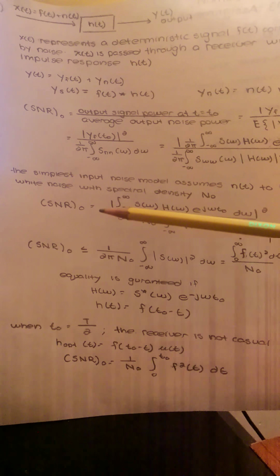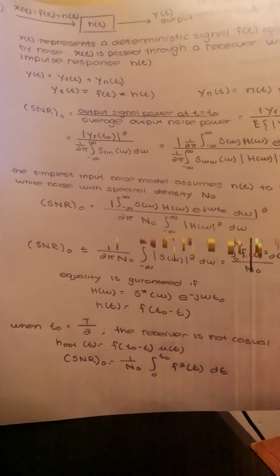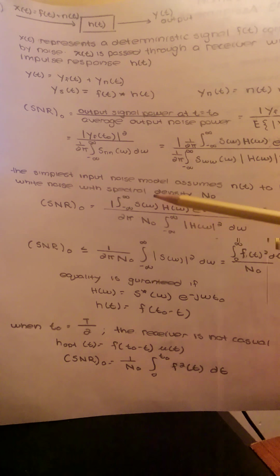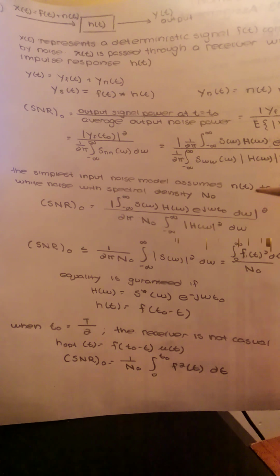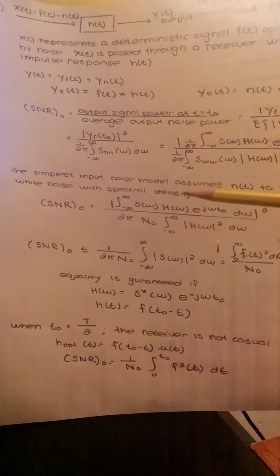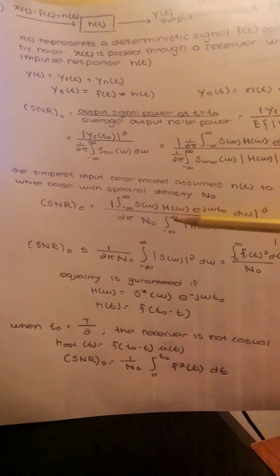So the signal to noise ratio equals what we had up there, except we can simplify that to the integral from negative infinity to infinity of S of omega H of omega e to the j omega t0 d omega, squared, divided by 2 pi, times the spectral density, times the integral from negative infinity to infinity of the absolute value of H of omega squared d omega.